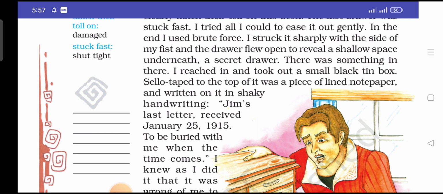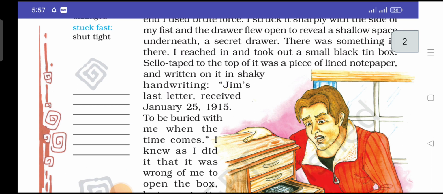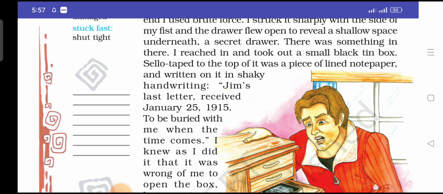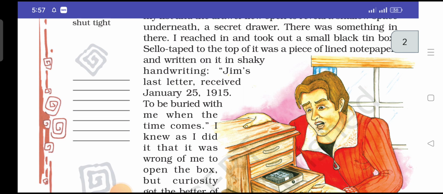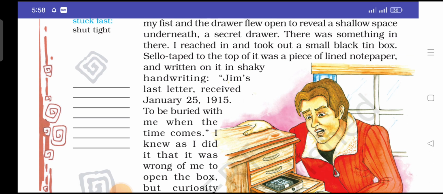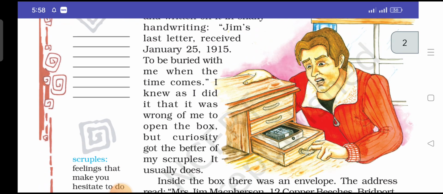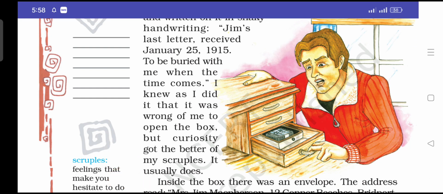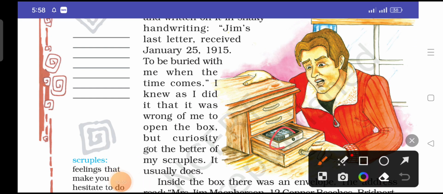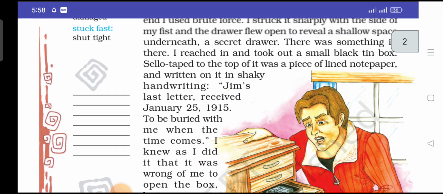A secret drawer. ठीक है, वो बहुत जोर से स्ट्रक था अंदर. लेकिन इसमें तो कुछ था ही नहीं, कुछ नहीं दिख रहा था उसमें. लेकिन एक सीक्रेट ड्रॉर, you must be seeing here the illustration is shown. And in this illustration, you are seeing that there is a secret drawer which is put inside the desk, right? So now we will read it.